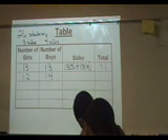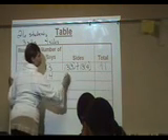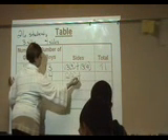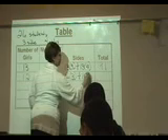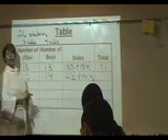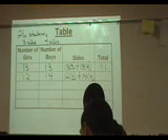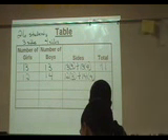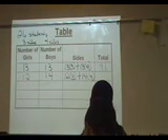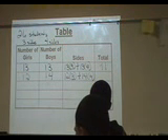Okay? So 12 times 3 plus 14 times 4. Once again, what are we going to do? Order of operations. We're going to multiply, then add.